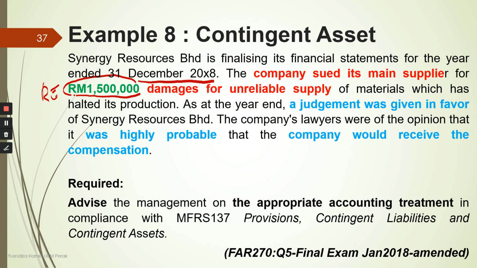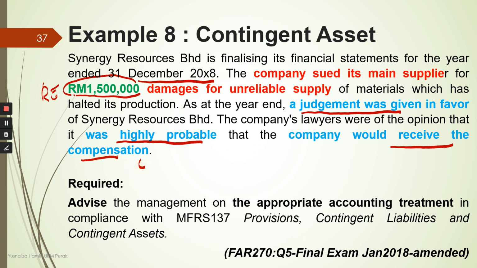So in our case here, the judgment was given in favor of Synergy. Meaning that the inflow of economic benefit is now probable because the company's lawyer said that it is highly probable that the company would receive the compensation.